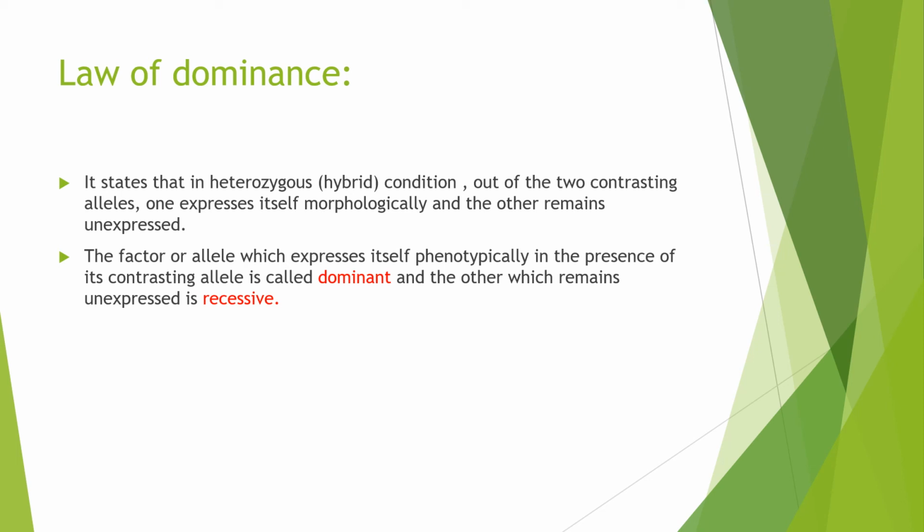So the character we get in the first generation is dominant. It has power, that is why it expresses itself. The second character, dwarf, does not have the power to express itself in the first generation, so we call it recessive. The character which expresses is dominant, and the character which does not express itself in the first generation is recessive.